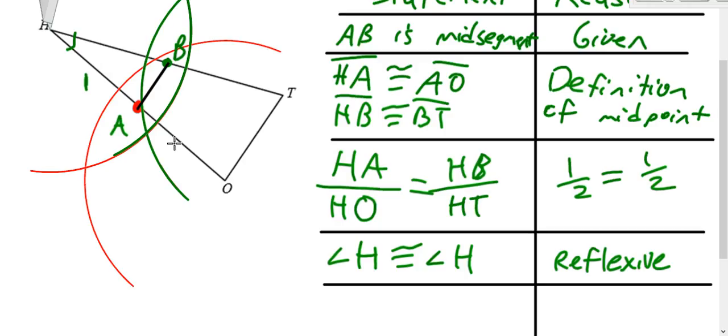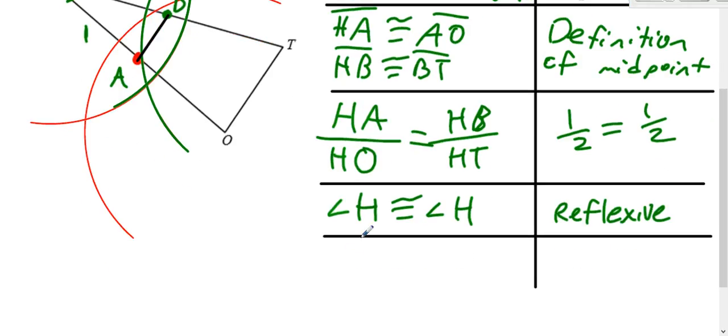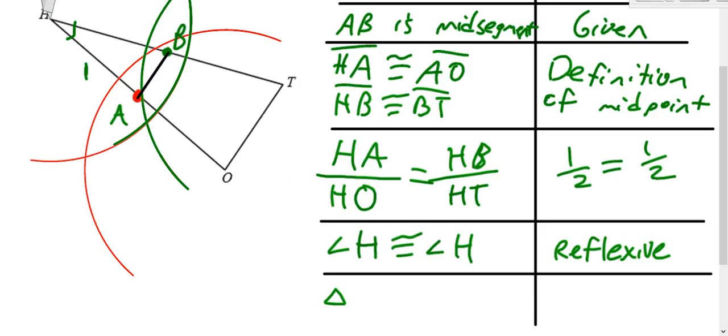So we just showed that the two sides are proportional and the angle between them is congruent. Therefore, the two triangles, HAB and HOT, are similar.